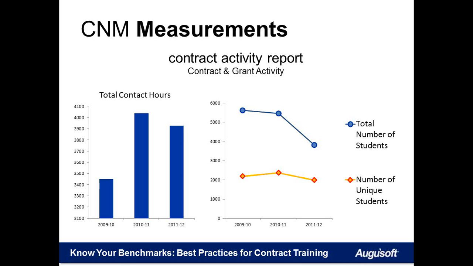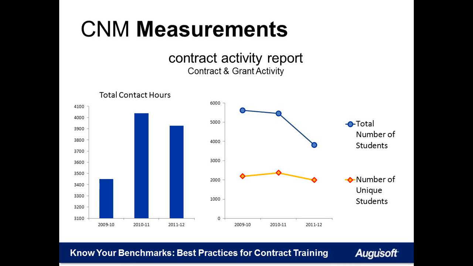If you track the chart, our volume is a little over 2,000 a year on the non-credit side, and some of those are duplicated because they take more than one class. We can see by looking at the chart that in 11-12 we had fewer duplicated students. So they're taking maybe fewer classes, but the contact hours are not as severe of a drop.